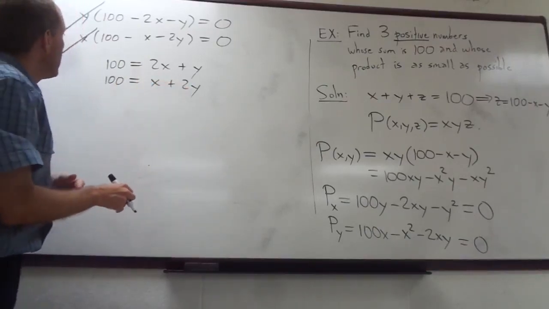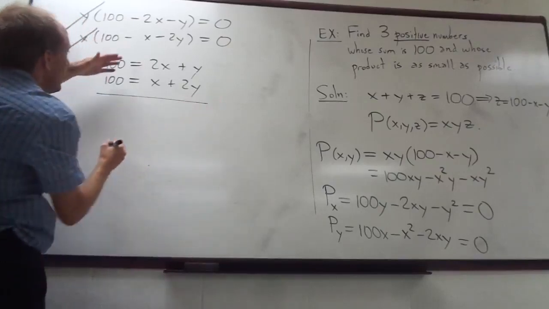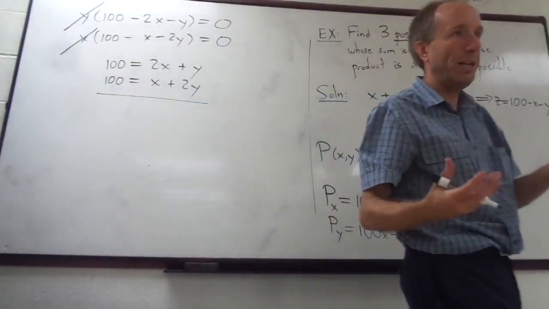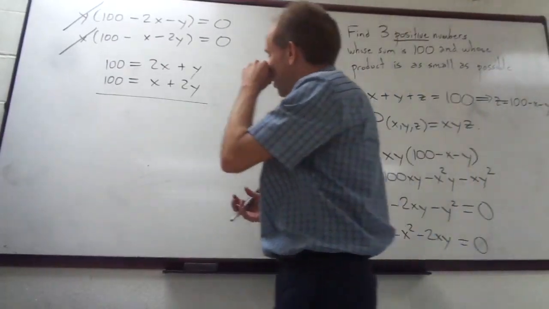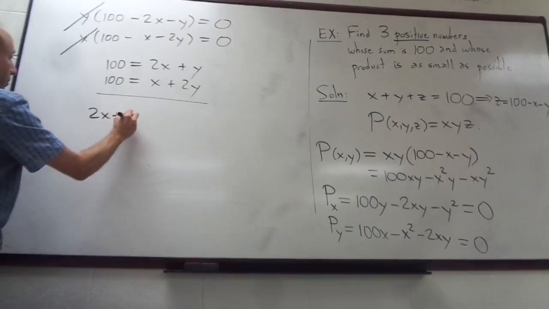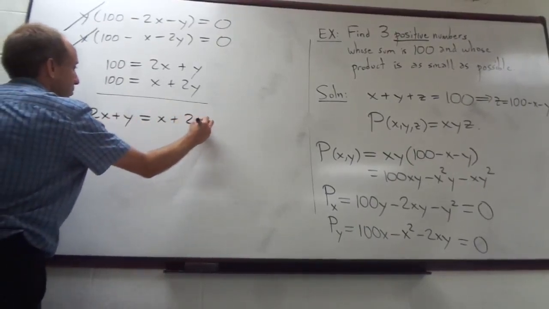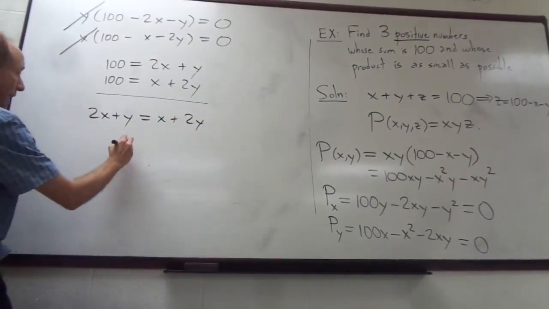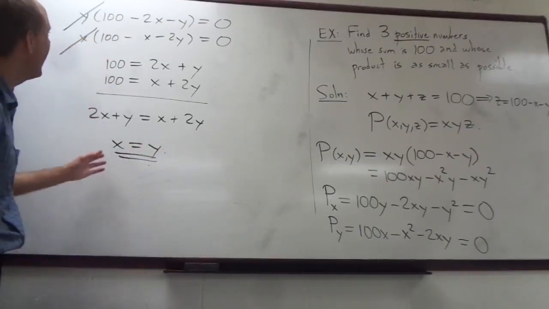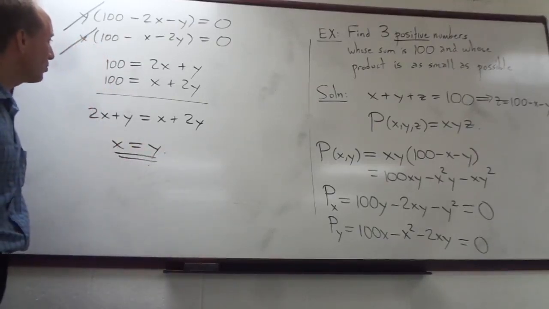All right? So if I actually take these two equations, I basically want to solve them. Two equations and two unknowns. One way to do that is to just set them equal to each other. If I just set them equal to each other, I'll have the opportunity to cancel on both sides of the equation, and look at that. Once again, I get x is equal to y.